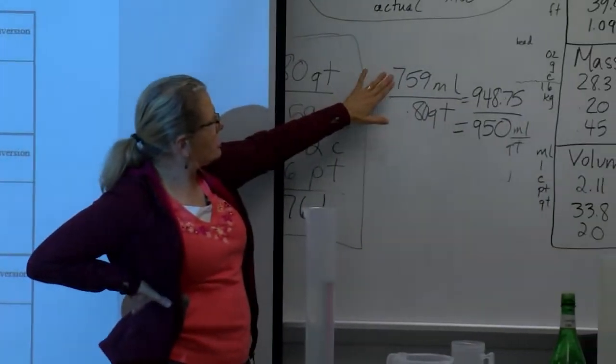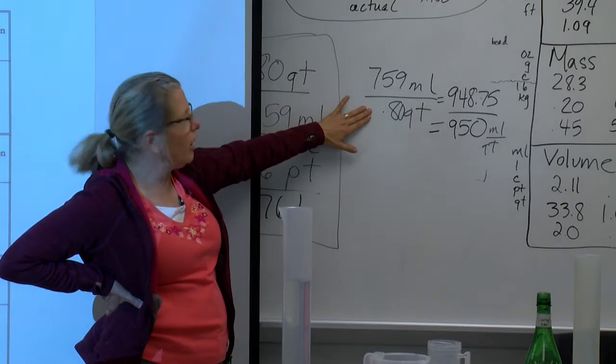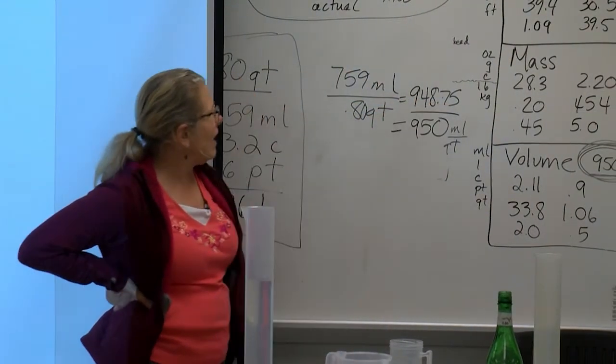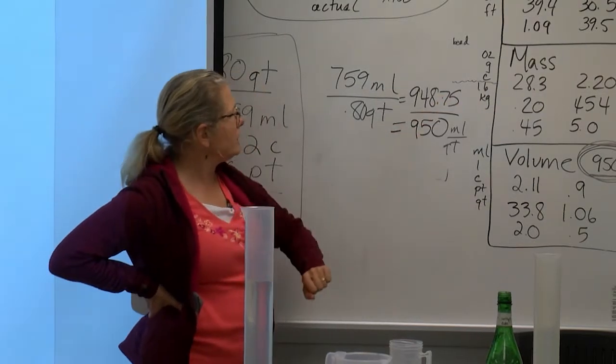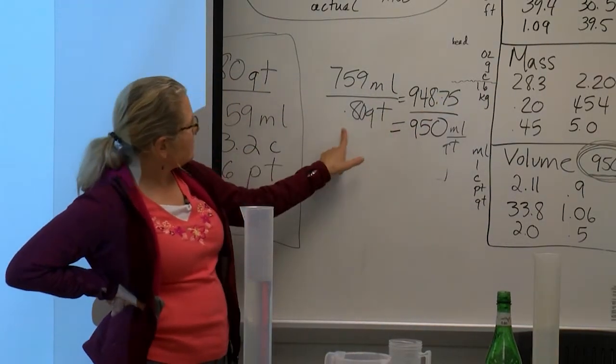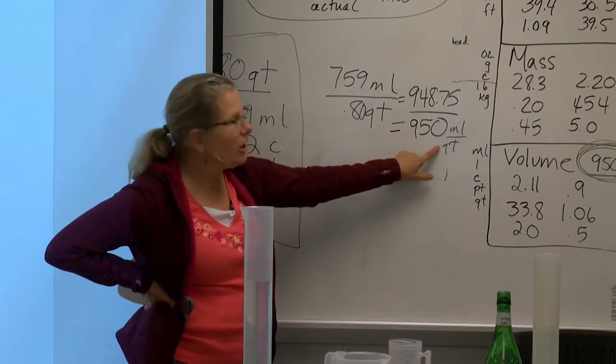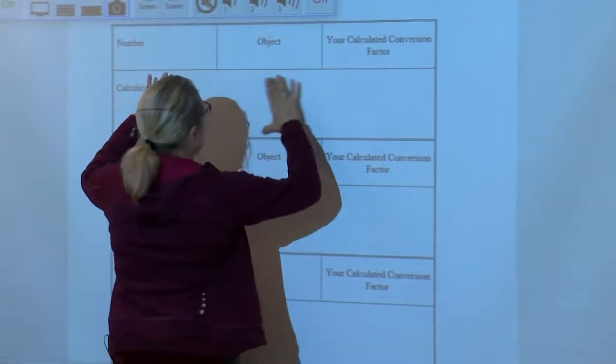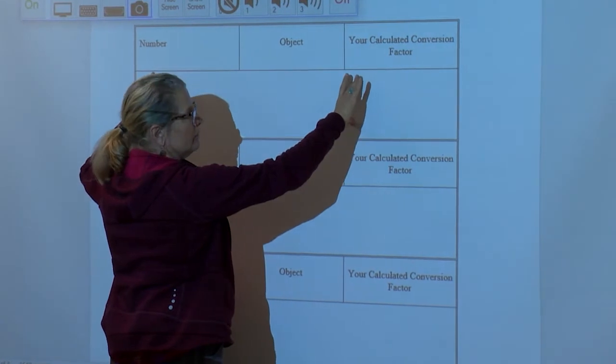759 milliliters divided by 0.80 quarts is equal to 948.75 milliliters per quart. But when we consider the significant figures, we got 950. That is what you would put here.